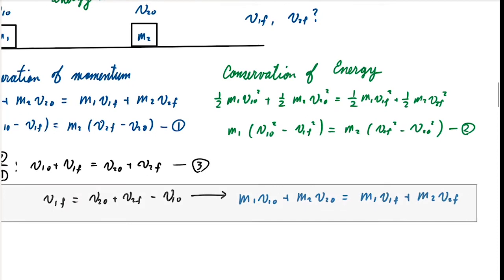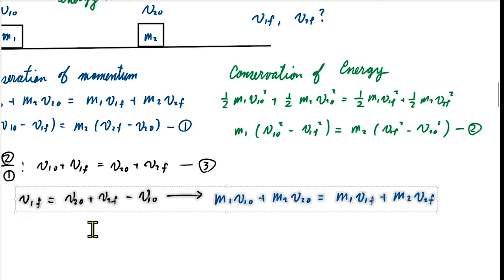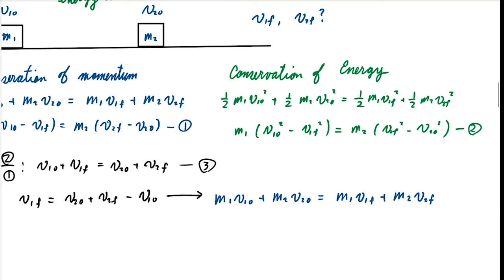You with me? Okay, so when you make that substitution, what happens here is M1 V1 original plus M2 V2 original is equal to M1, and then we are eliminating this one, right? So substitute this in: V2 original plus V2 final minus V1 original, plus M2 V2 final.